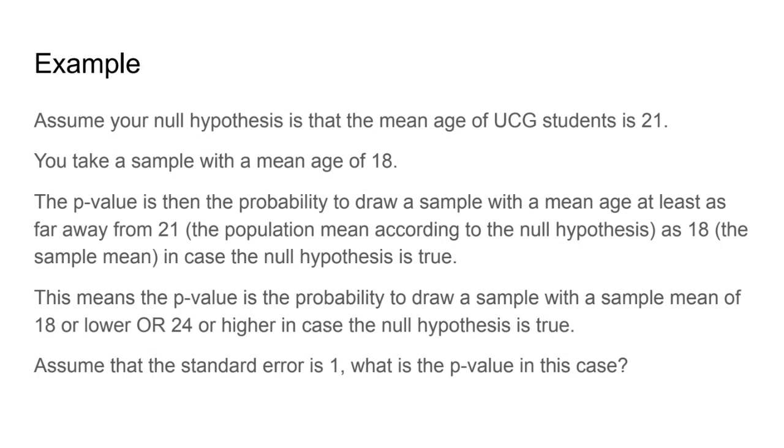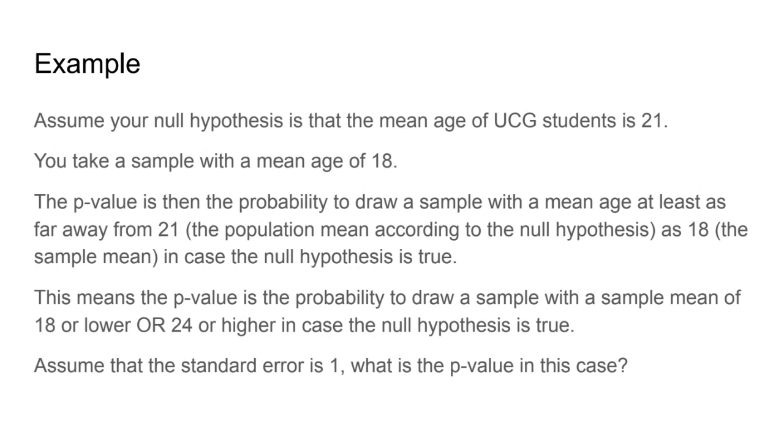So in this example, this means that the p-value is the probability to draw a sample with a sample mean of 18 or lower, right, or 24 or higher, because samples like the one means samples that are as far away, right, but as far away can go into both directions, right?